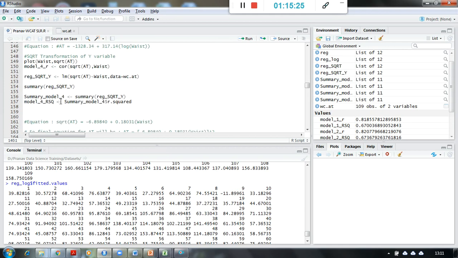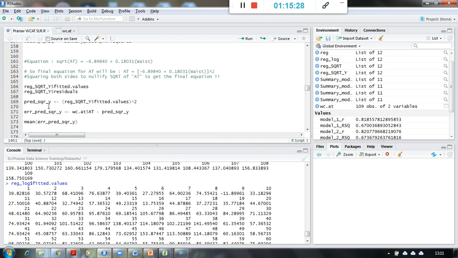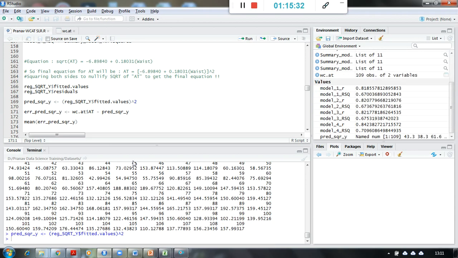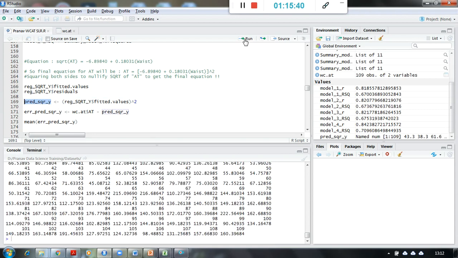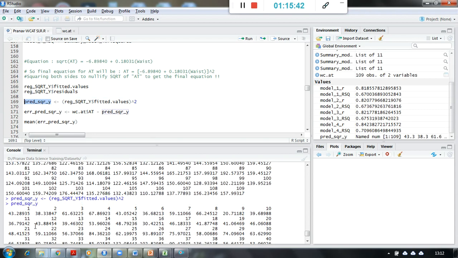Whereas if you check for this one now, this has become 43, this has become 38, and this has become 61.